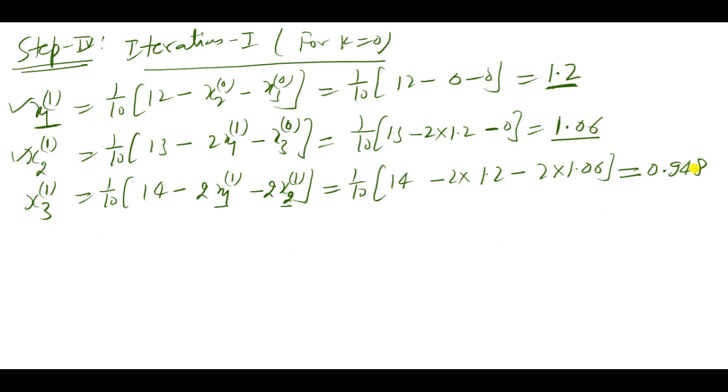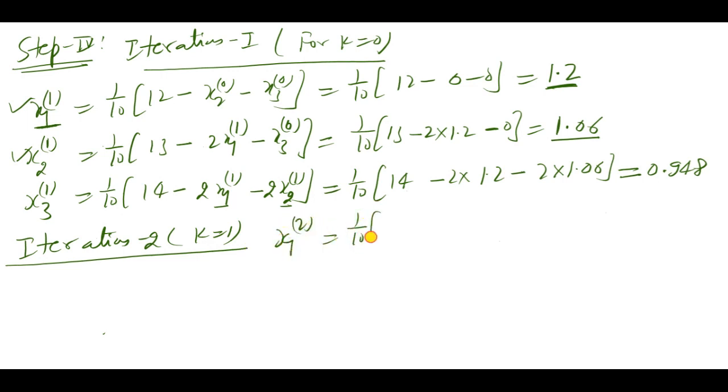Now in iteration 2, that is for k is equal to 1, when we put k is equal to 1 in equations 1, 2, 3, then we obtain x1^(2), x2^(2), x3^(2). So here x1^(2) is equal to 1 upon 10, 12 minus x2^(1) minus x3^(1), putting k is equal to 1 in equation 1.